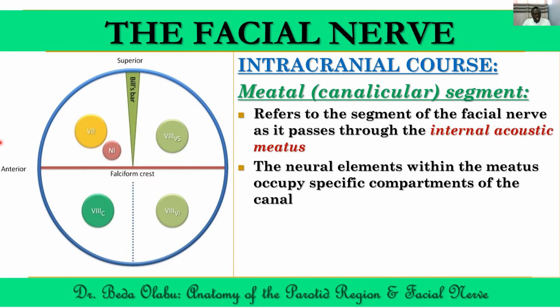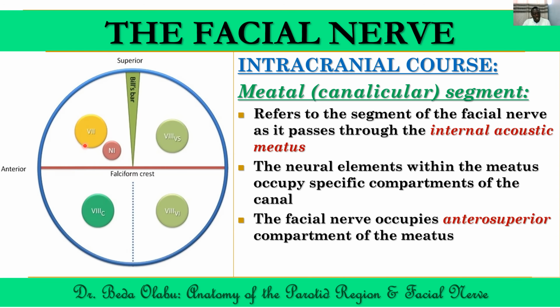The compartments occupied by these nerves are like this. We divide the internal auditory meatus into 4 quadrants. So there's the anterior superior aspect. That's the one occupied by the facial nerve, both proper as well as nervus intermedius. You can just call that one the facial nerve proper.